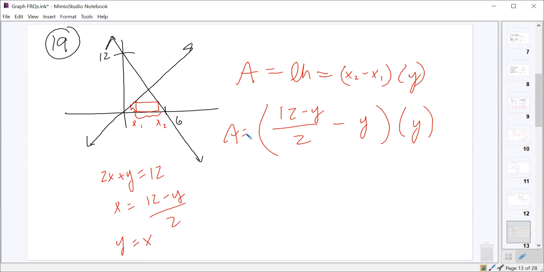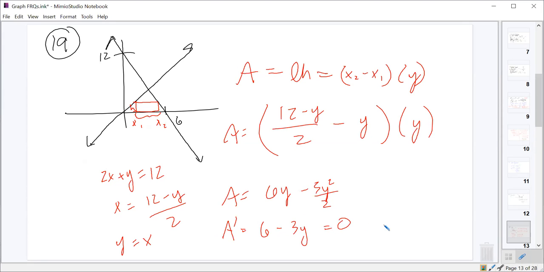So this is our function that represents the area. We can simplify that down. This is 6 times the y, so that's 6y, and this is minus y over 2 minus another y, so that's minus 3y over 2, so minus 3y squared over 2 when we multiply by the y there. And so then our derivative, A prime, ought to be 6 minus 3y.